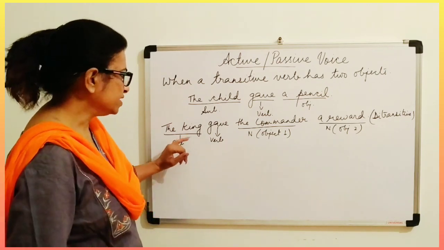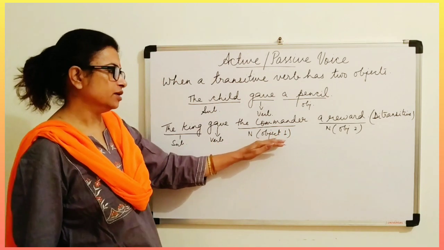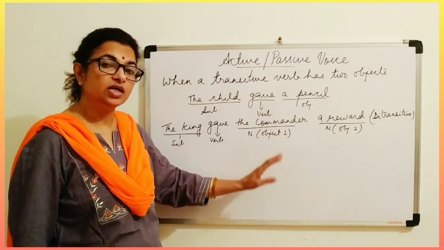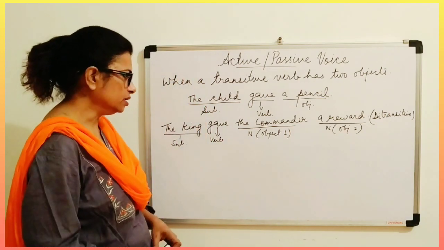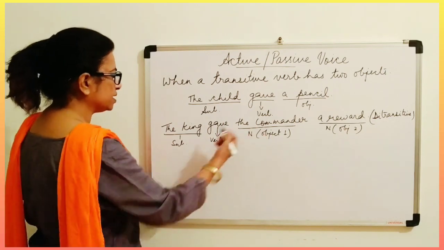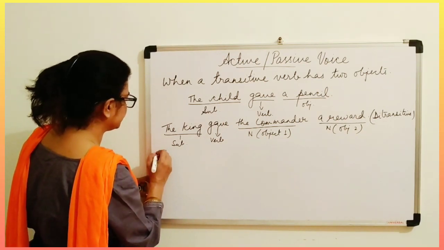So whenever you have two objects, we can change this particular sentence into passive voice in two ways. For example, we can take one object at a time. Like the commander. This is the first. Let us make the first one.